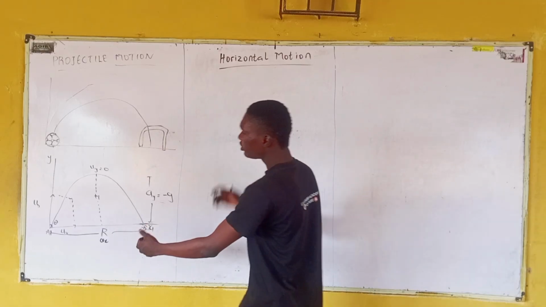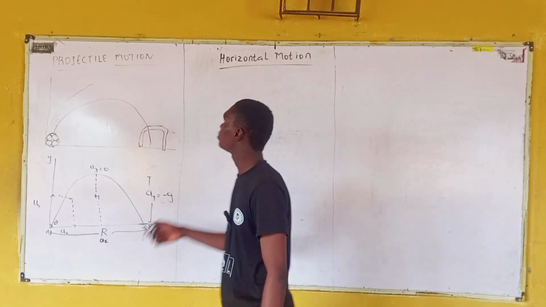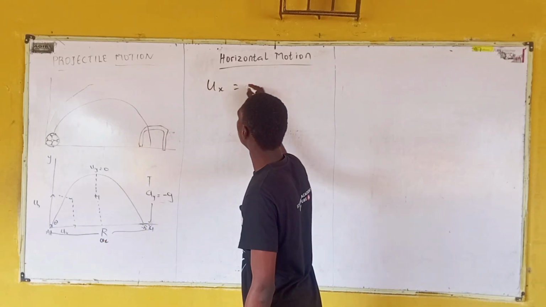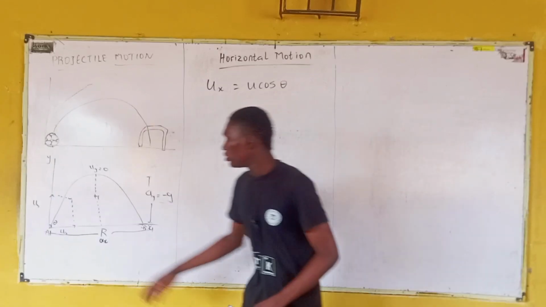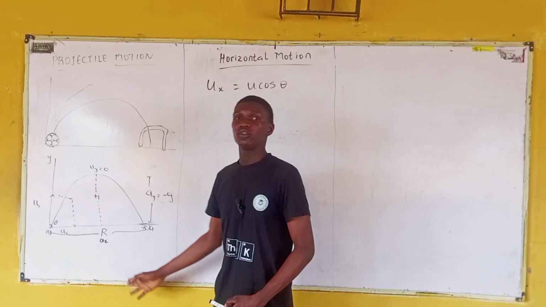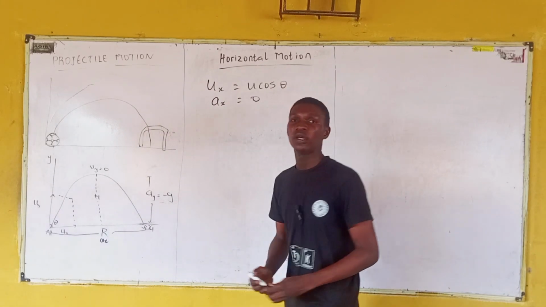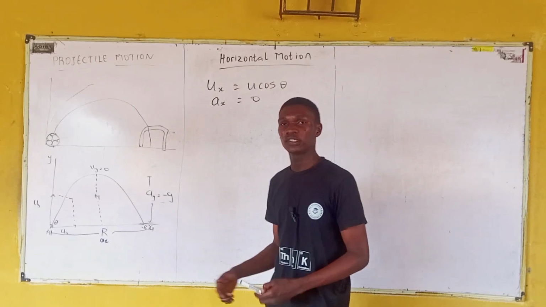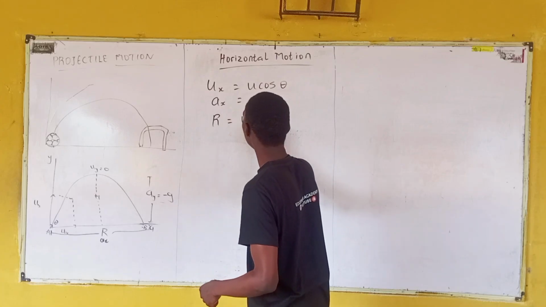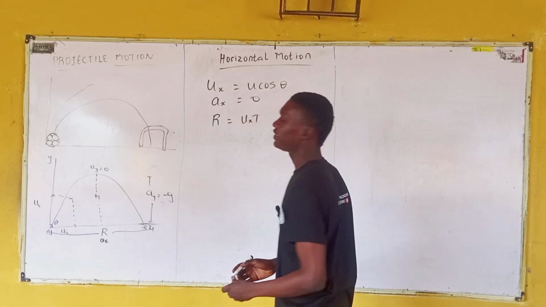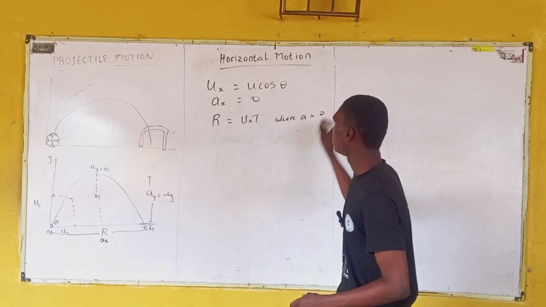So Ux, our initial velocity across the horizontal plane, is U cos theta. The acceleration across the horizontal plane, ax, is 0. Our formula for range is simply Ux times T, where a is equal to 0.